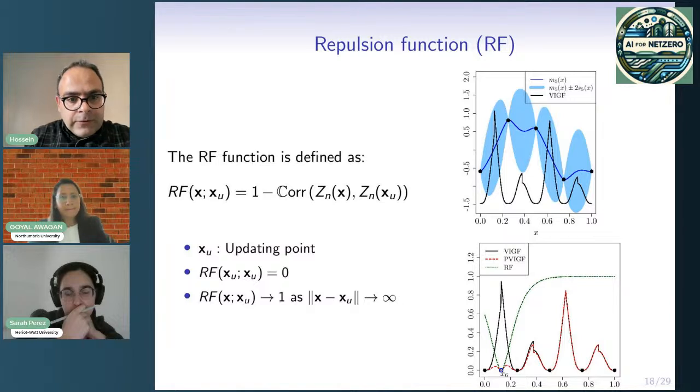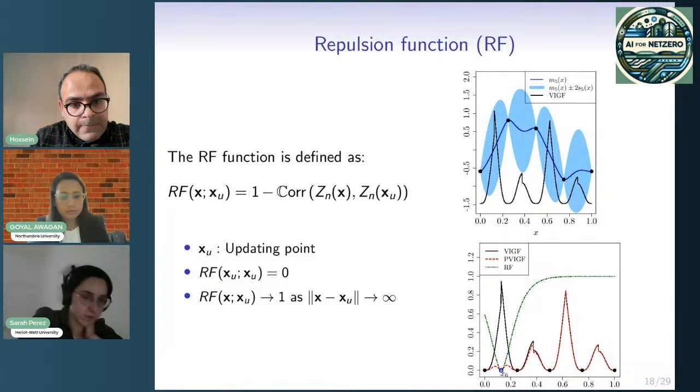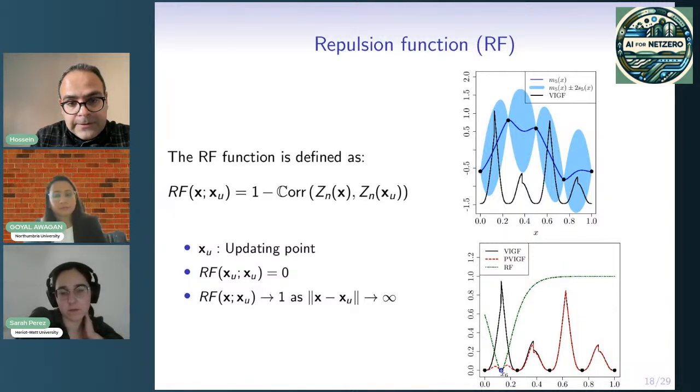What is a repulsion function? The repulsion function, denoted by RF, at any point x is defined as 1 minus the correlation between the posterior Gaussian process at x and the posterior Gaussian process value at xu. What is xu?